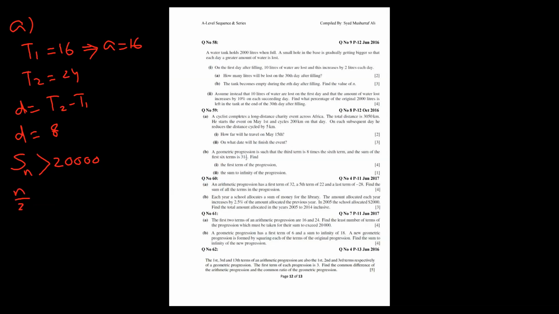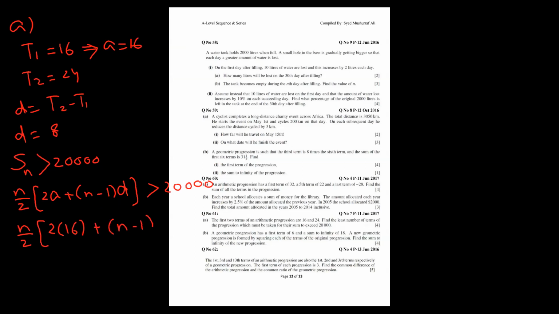n by 2, 2a plus n minus 1 times d, bigger than 20,000. Okay, so n I don't know, but a is the first term, we know 16. So 2 times 16, again n I don't know, the common difference is 8, and bigger than 20,000.